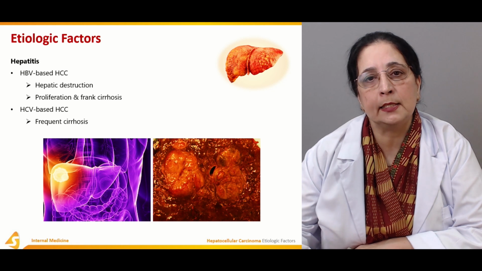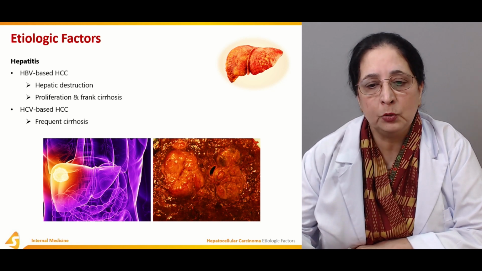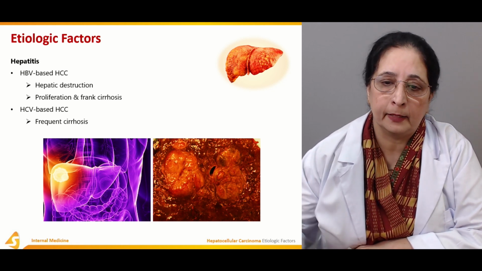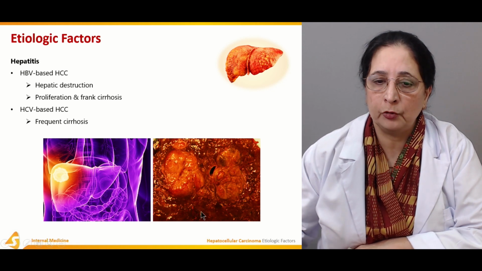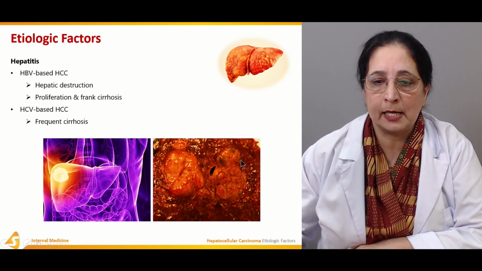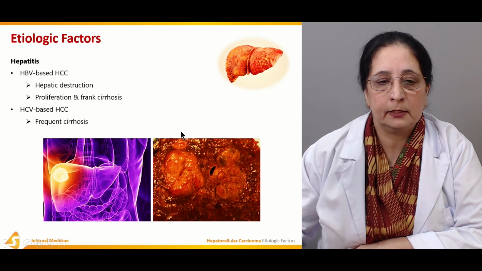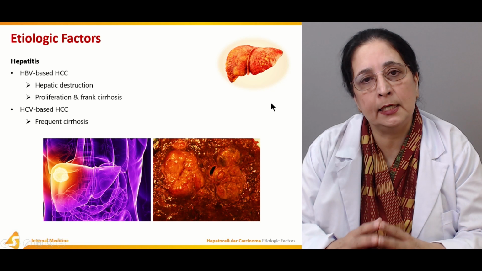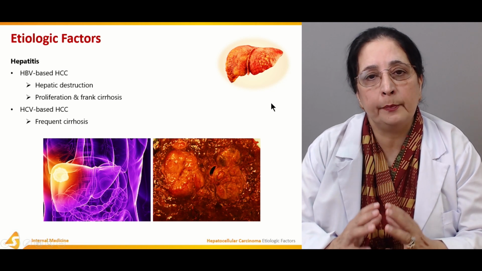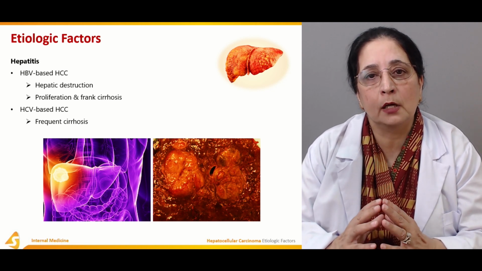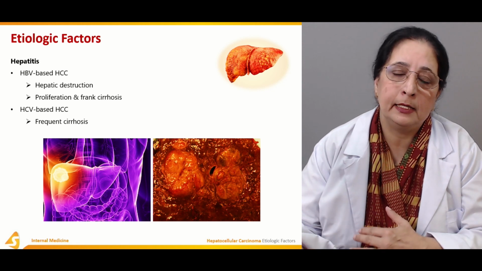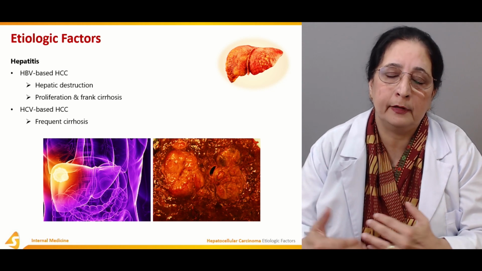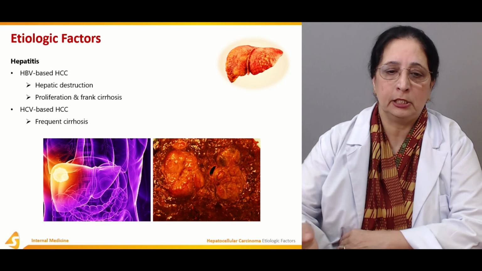Hepatitis C virus infection can lead to cirrhosis of the liver. So you can see the cirrhotic liver, all destroyed and damaged. Both hepatitis B and hepatitis C can lead to hepatocellular carcinoma, cirrhosis of the liver and destruction of the tissues.